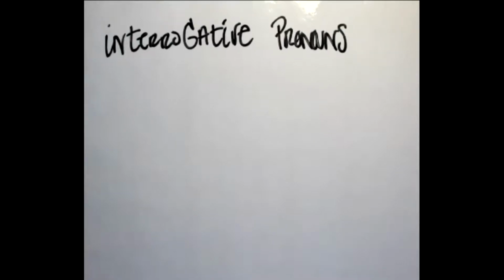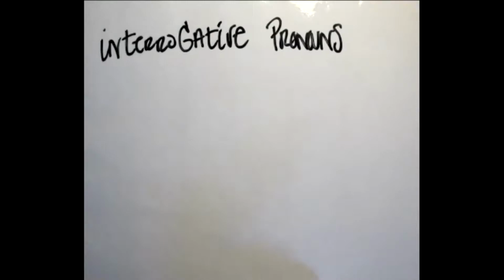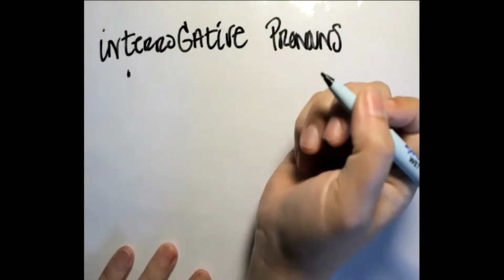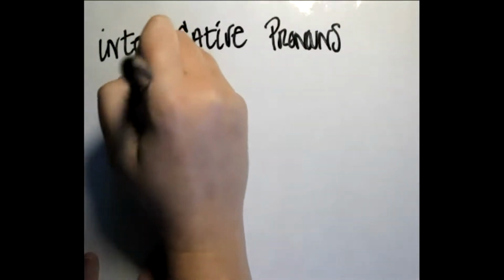So instead of Sarah, with whom I went to school, you would have something like, who is Sarah, or with whom did I go to school? Rather than explanatory, these are questioning pronouns.